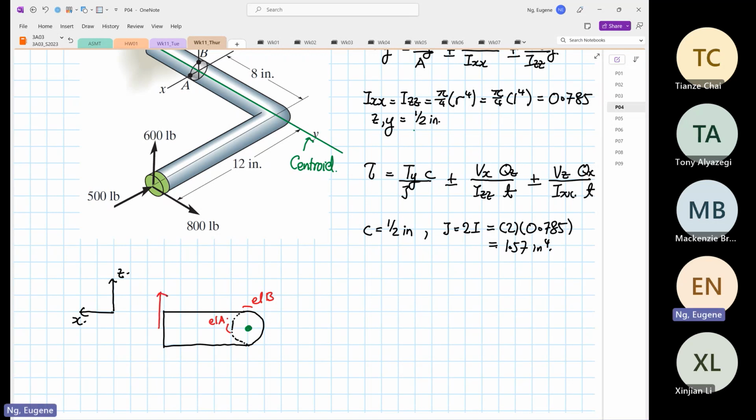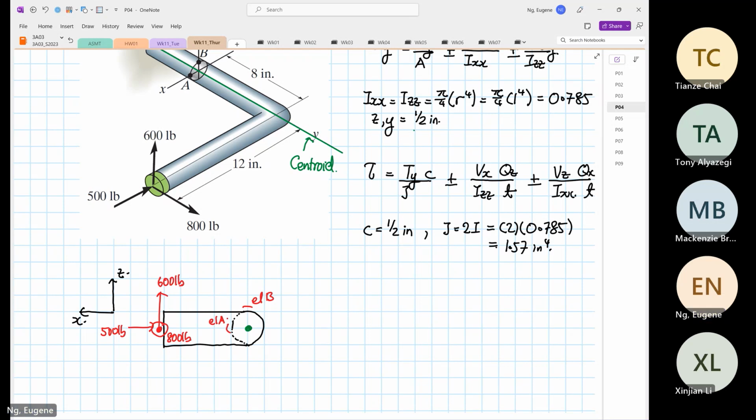We have 600 pounds, we have 500 pounds, and then we have something that's coming towards us, which is 800 pounds.